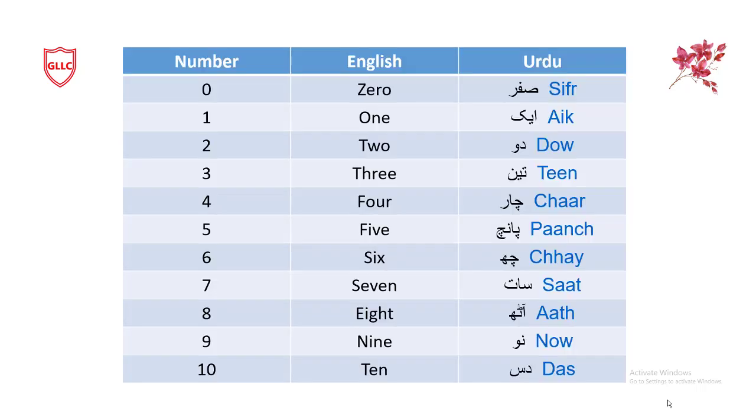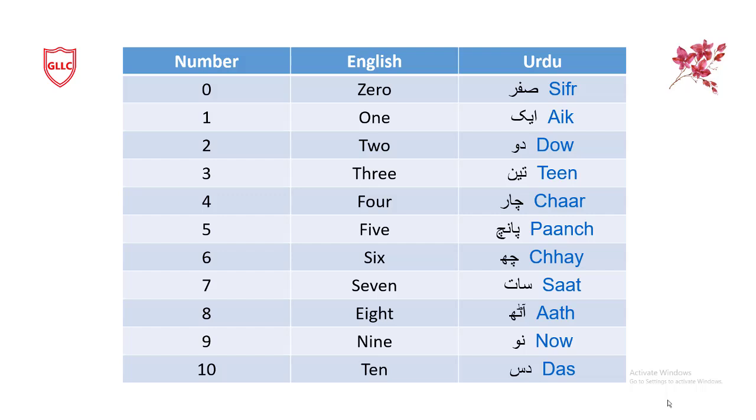You can repeat once again with us, and you can just practice your words once again with us. It's like starting with a zero. Sifr, ek, do, teen, chaar, paanch, chhe, saat, aath, no, das.